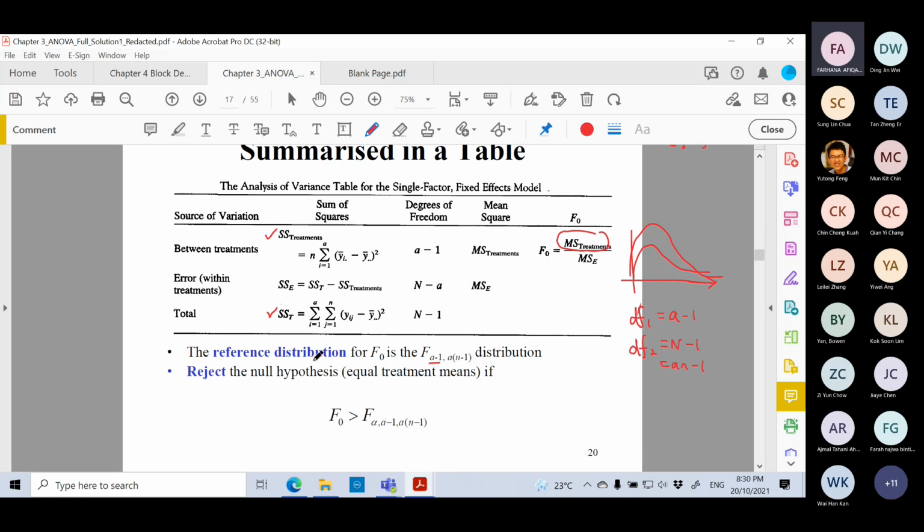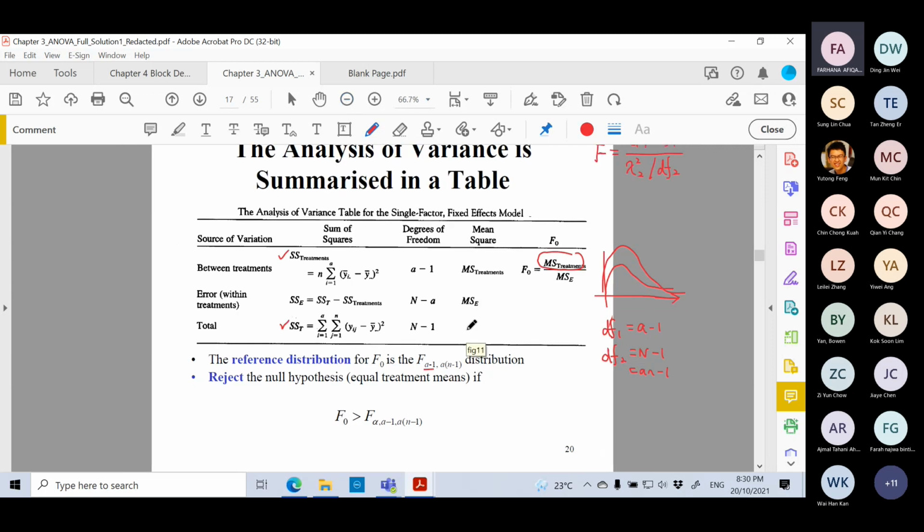Okay, so this means that you calculated out the F naught. I will put the F distribution like this. You need to assign a certain percentage of the type 1 error, the probability of the type 1 error.